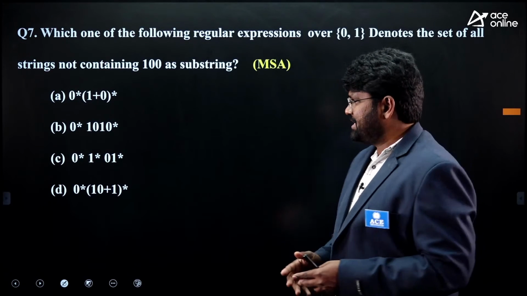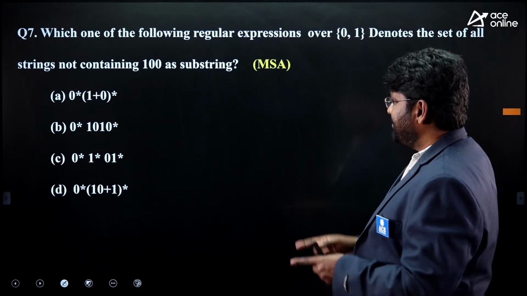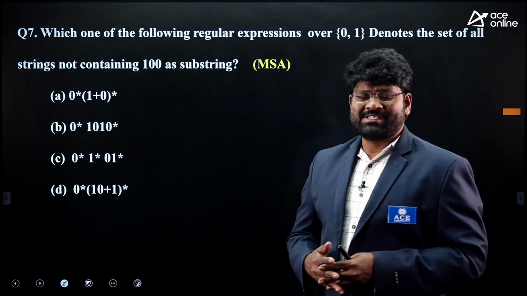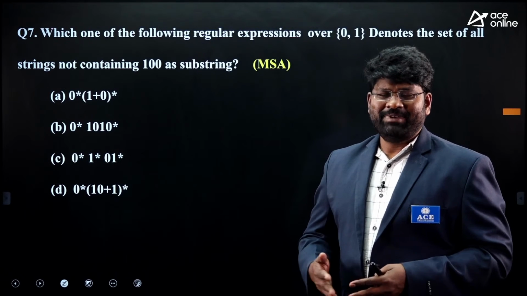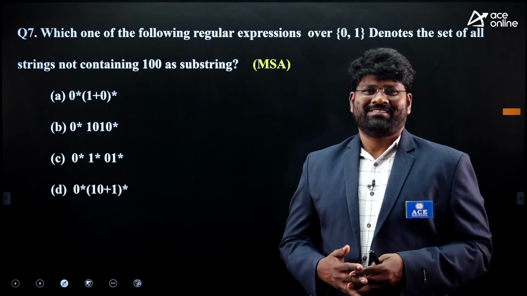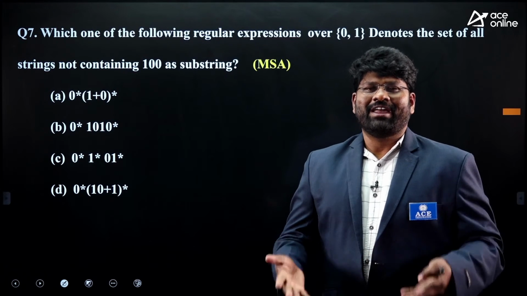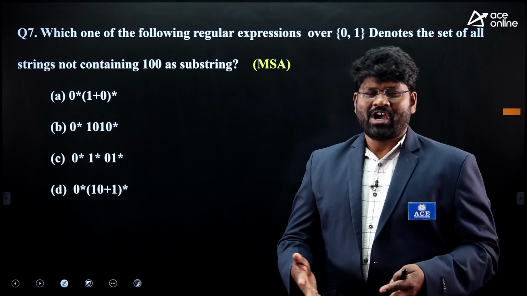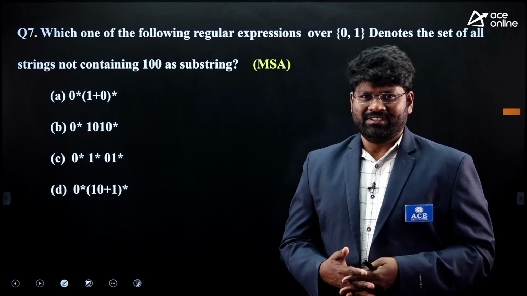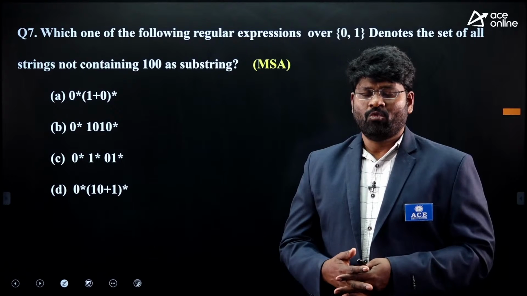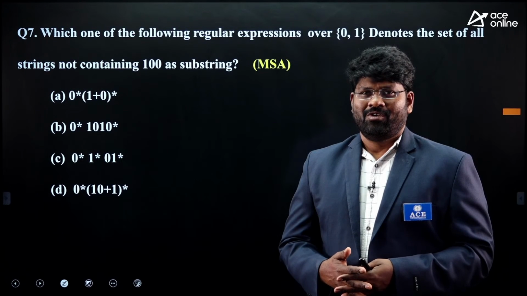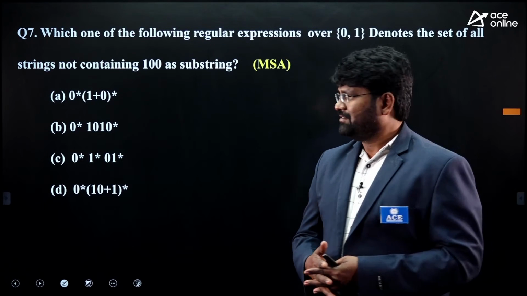I just mentioned this question is like an MSQ, multiple selection answers. It doesn't mean that you always have multiple answers. You may or may not have them, but there is a choice to have multiple answers here. If you find more than one, then you have to figure out what they are.